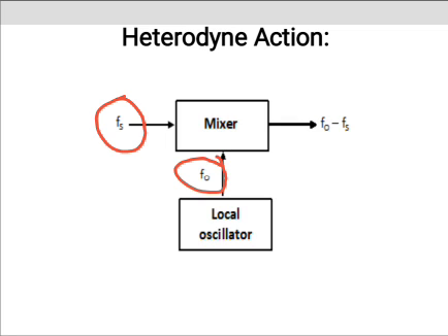Then two additional frequencies are produced. They are F0 plus Fs and F0 minus Fs. Usually the sum is removed by the band pass filter. The difference is called the intermediate frequency.